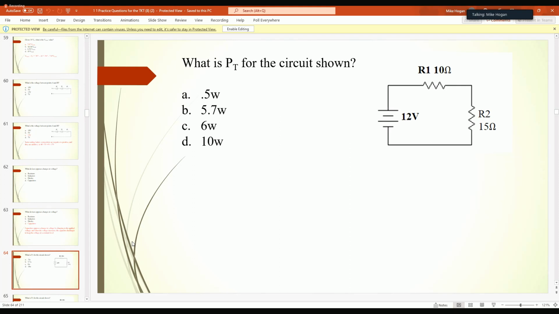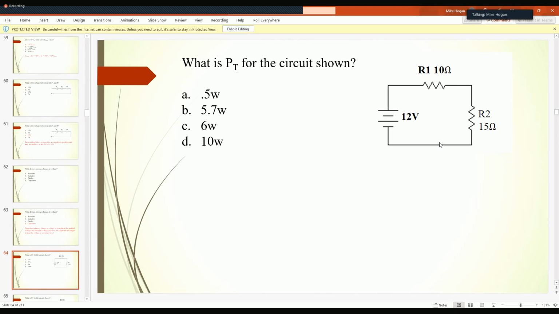And so the first thing I would have to do is figure out what my current is. I know my total resistance is 25 ohms, right? Current is equal to voltage divided by resistance. So 12 divided by 25 is going to give me, what's 12 divided by 25?